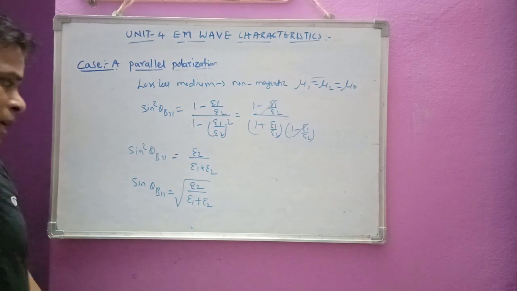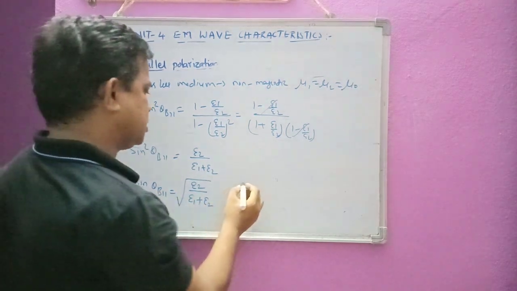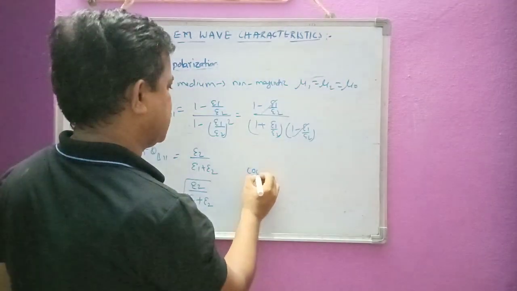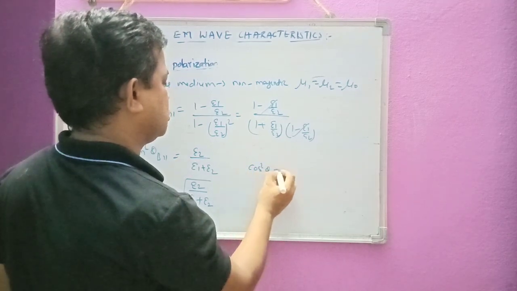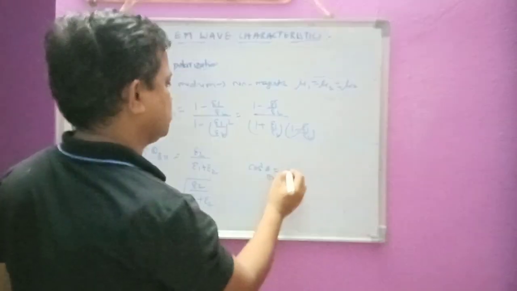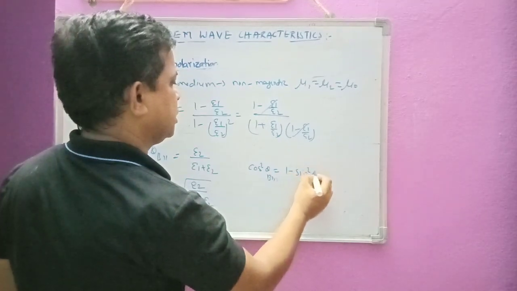Similarly, if I take the value for cos here, we know that cos square theta b parallel is equal to 1 minus sin square theta b parallel.